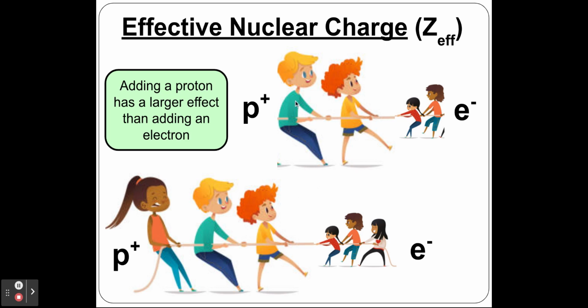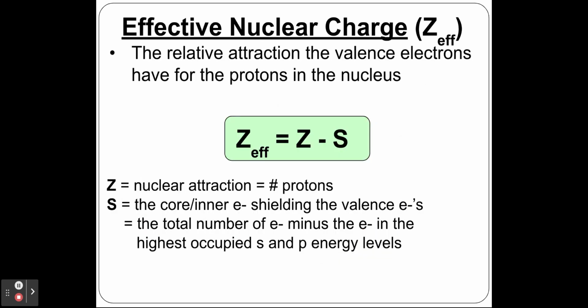You can see here on the tug of war, adding the really big people on the left is going to have a larger effect, in the tug of war analogy I talked about, than adding another small electron to the other side.